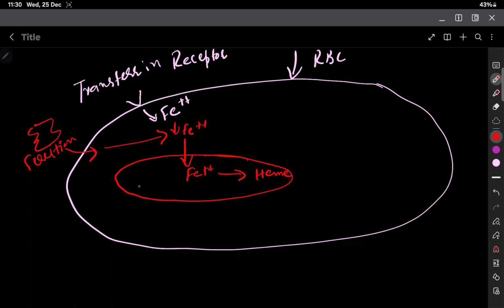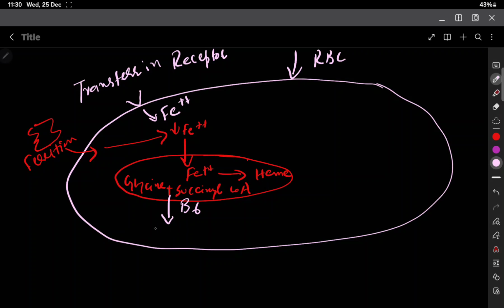Okay, now the second step from here is glycine, which is present in the mitochondria. It reacts with succinyl coenzyme A. So glycine plus succinyl coenzyme A in presence of vitamin B6, and there are a series of reactions.